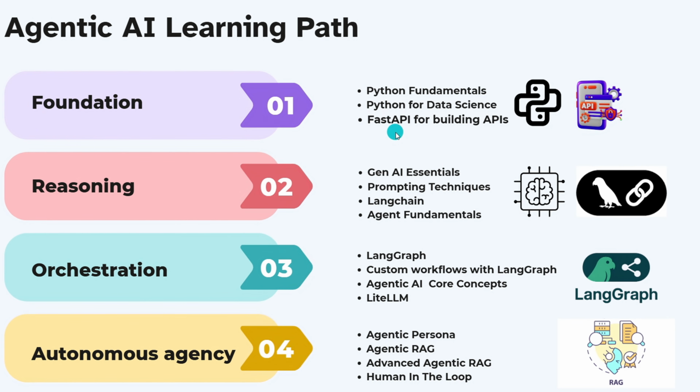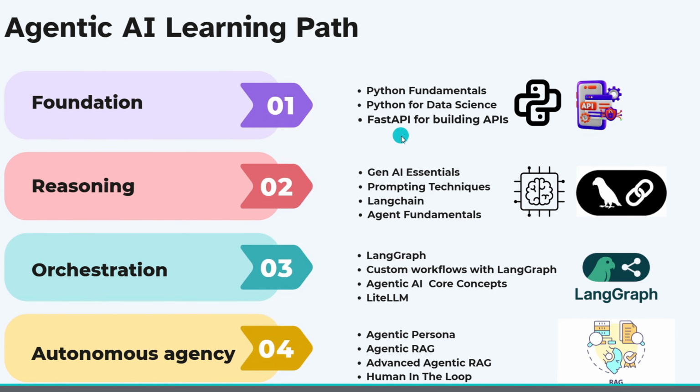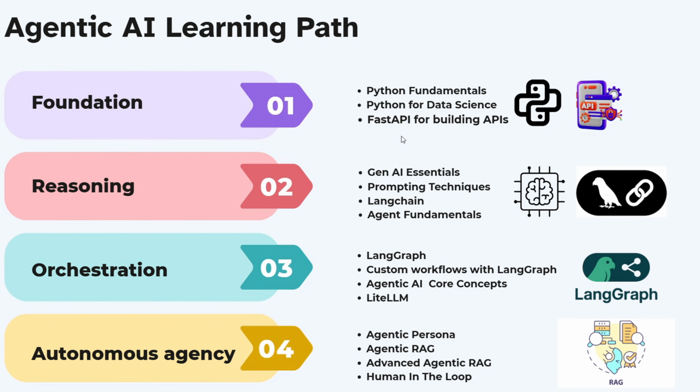Coming to FastAPI, after completing these three levels, I will go for FastAPI, when we are going to build a full-fledged web application. If you require it before these levels, let me know in the comment section. I will cover it, but probably it may or may not be covered in this course. But from level 2, all these concepts will be covered.